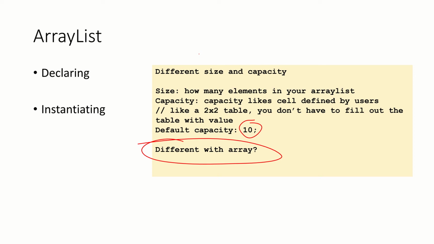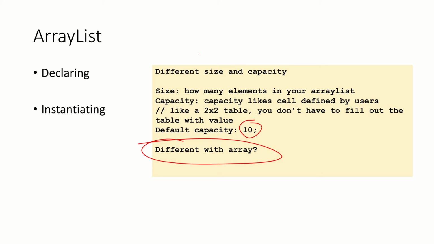Basically, they already set the actual positions there. They can expand, they can shrink. So it's not like an array. Once you create an array, the size is already defined and fixed.